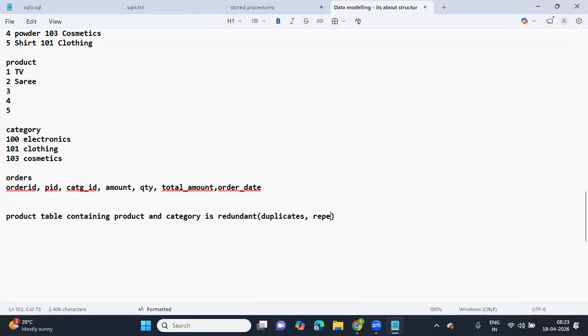Duplicates means repeated information. Okay, it is split into two tables, product and category. That is called normalization. Okay, remember this term normalization.